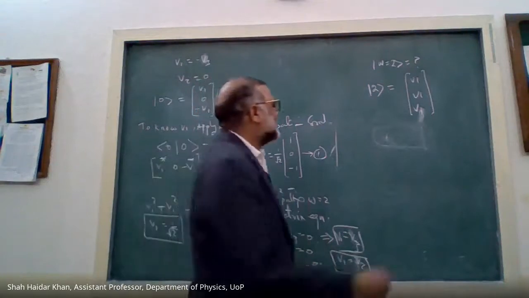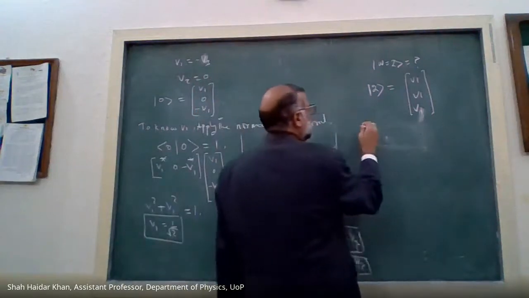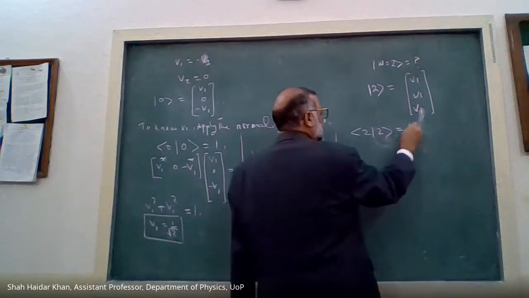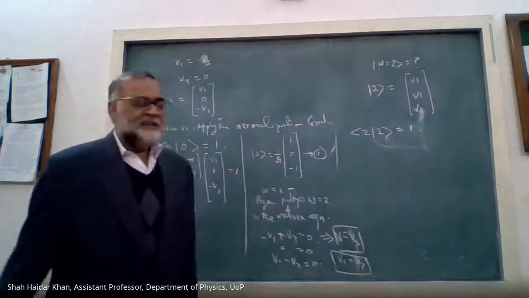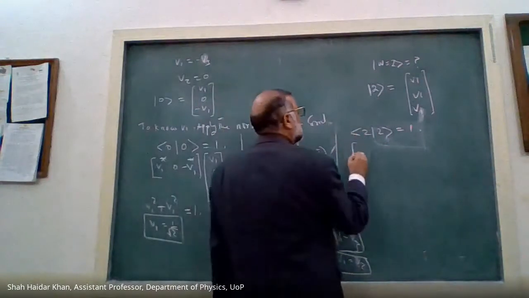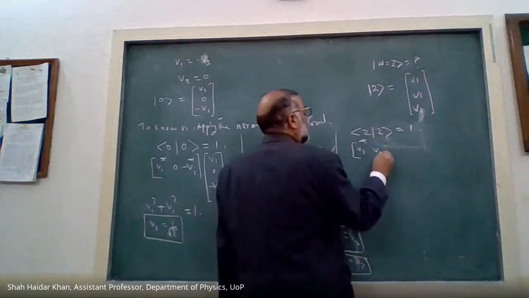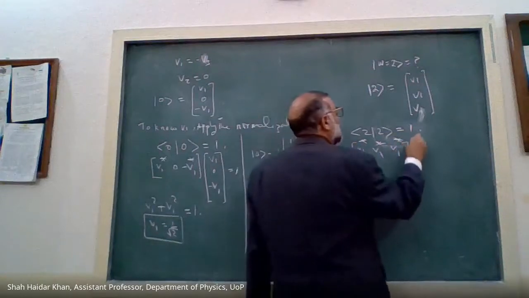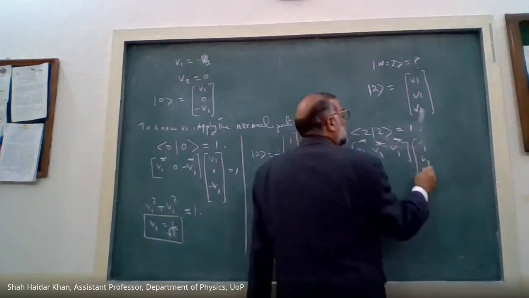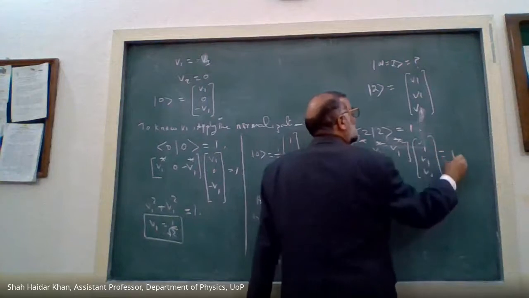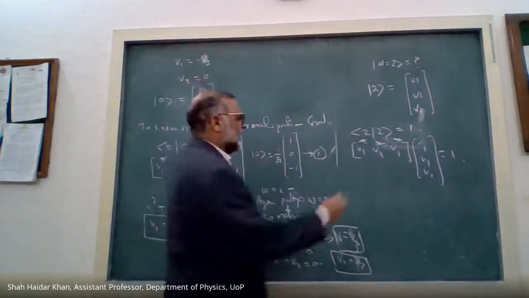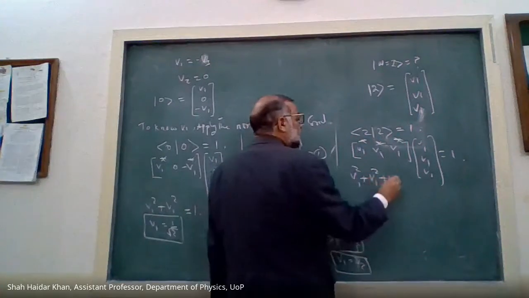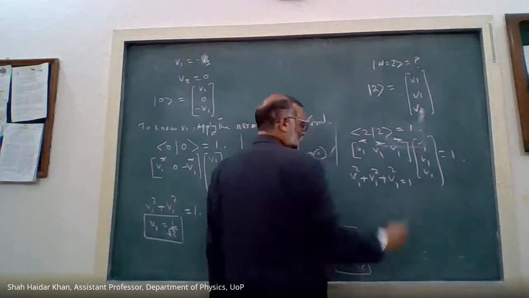Normalize: it will be like this, V1 star, V1 star, V1 star, and V1, V1, V1, and that is equal to 1. And here it will be V1 square plus V1 square plus V1 square is equal to 1.